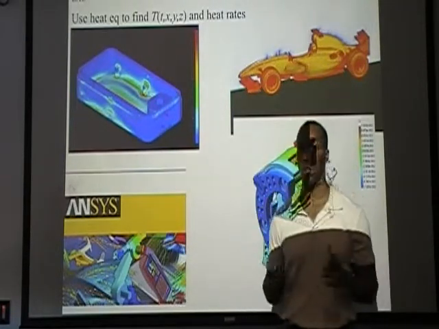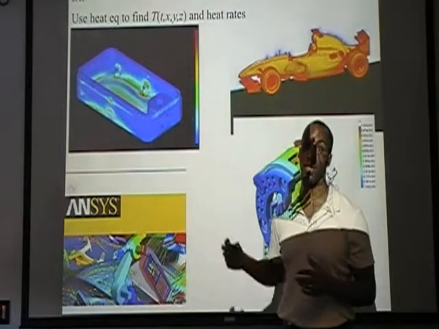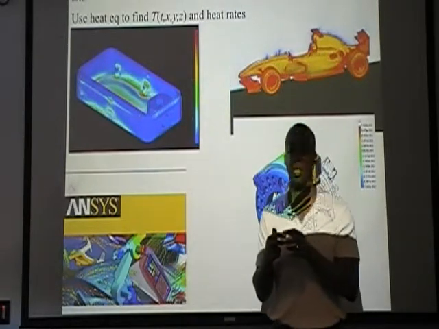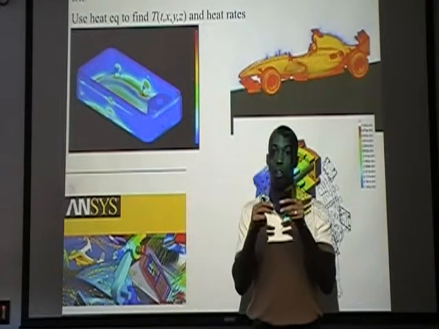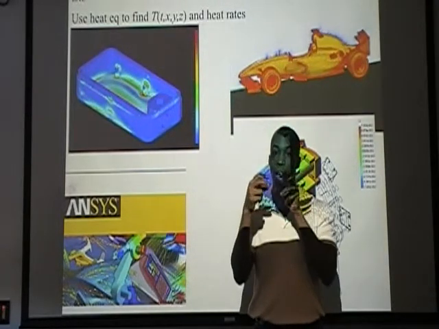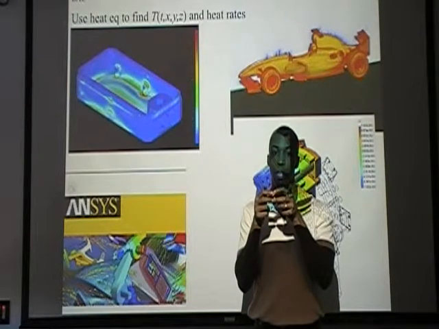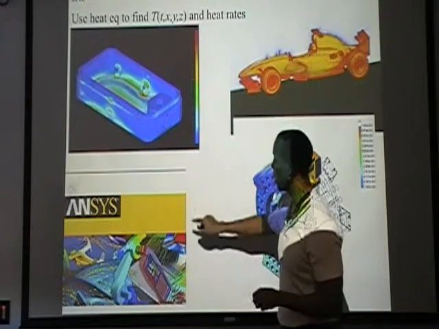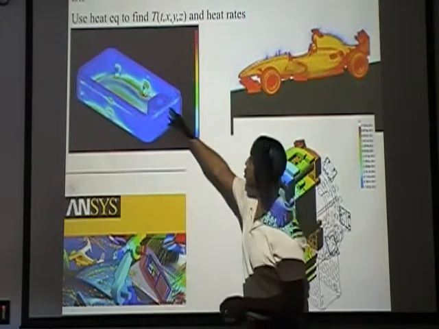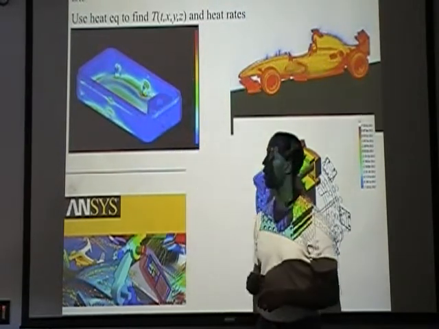And basically what the software is doing is what we just did. It's taking many control volumes and it's doing energy balances on each of these control volumes. And in each of those control volumes is defined the temperature. And they make up a temperature point in any of these temperature maps that are shown here.